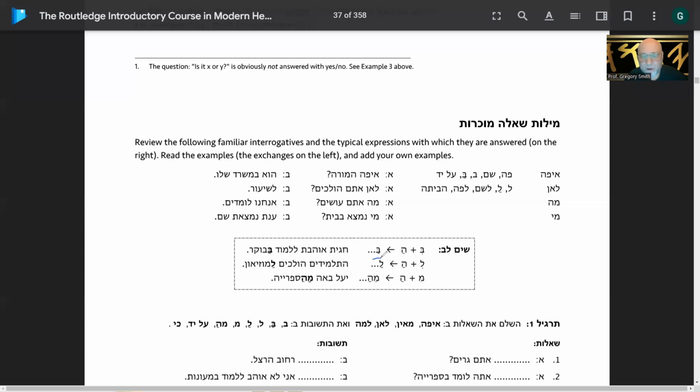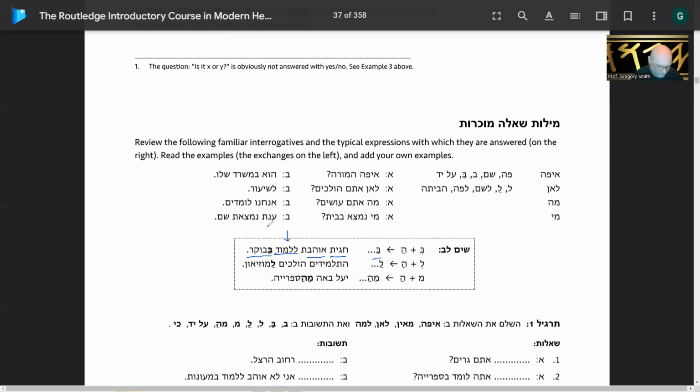Okay, so we have ba, which means in the. So Hagit ohev lilmod. Okay, so Hagit likes lilmod. I think that's to study. Ba boker, in the morning. Let's try that. Hagit ohev lilmod ba boker.